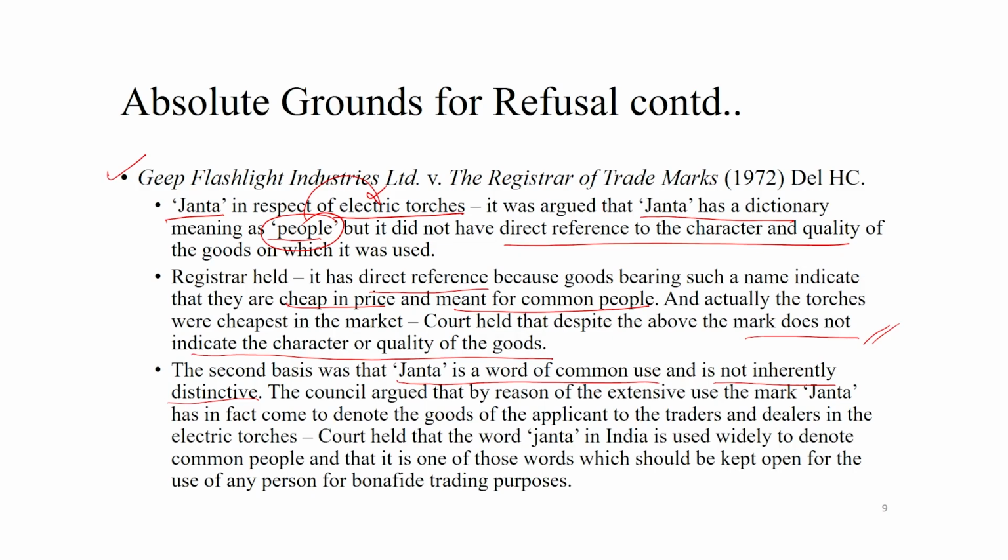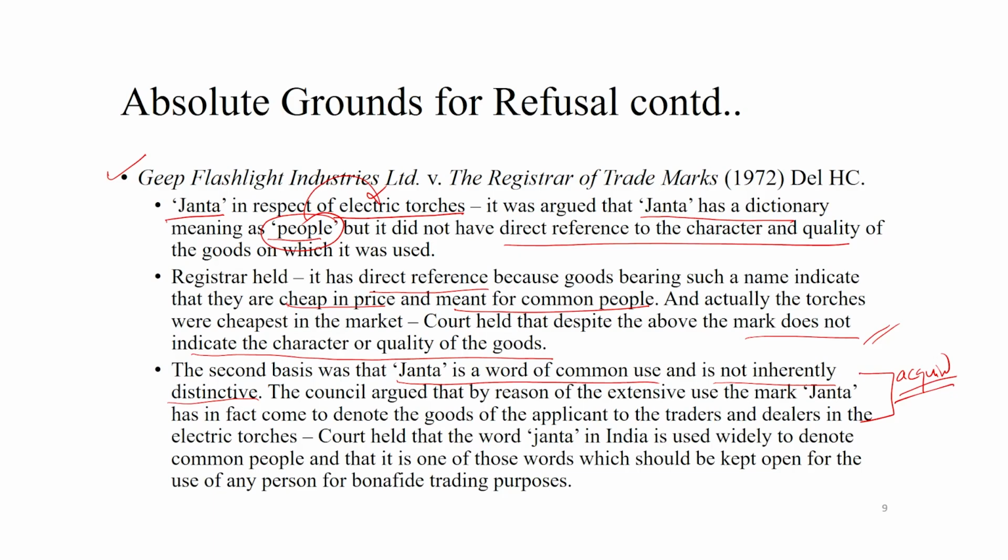It was argued that by reason of extensive use of the mark janta, it has come to denote the goods of the applicant to the traders and dealers. They are trying to prove that by extensive use we have acquired distinctiveness. The word janta has acquired distinctiveness.